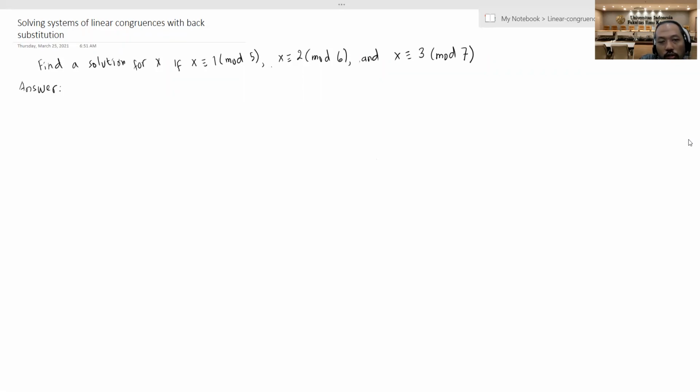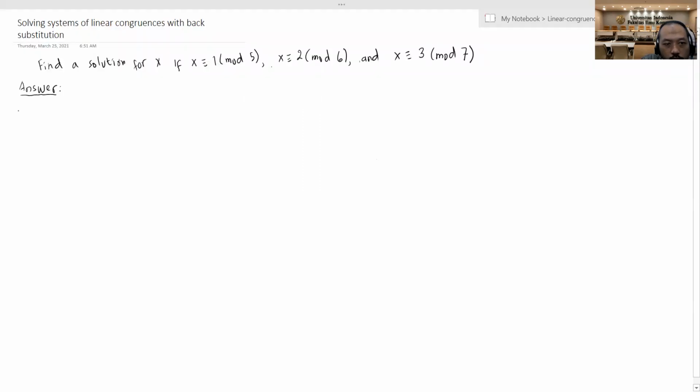We want to find a solution for x such that x is congruent to 1 modulo 5, and x is congruent to 2 modulo 6, and x is congruent to 3 modulo 7. So how do we find x? To get the answer, let's start with the first congruence.